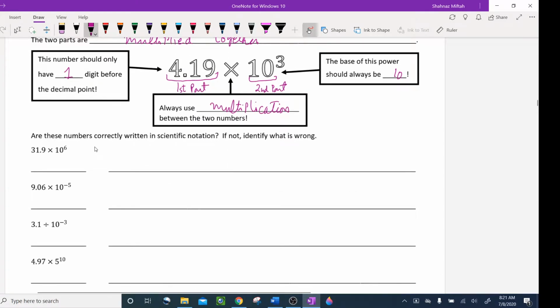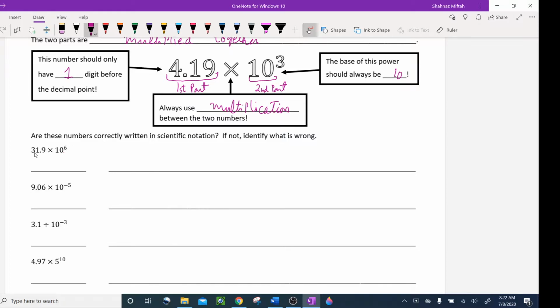Are these numbers correctly written in scientific notation? If not, identify what is wrong. So check this one. The first part: this number is greater than 10. Do you see that? And one more thing, the 10 to the power 6 is okay, multiplication is okay, but this is 31, and we should have one digit before the decimal, right?